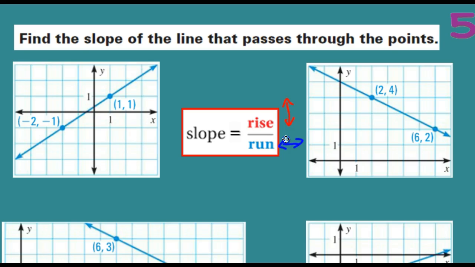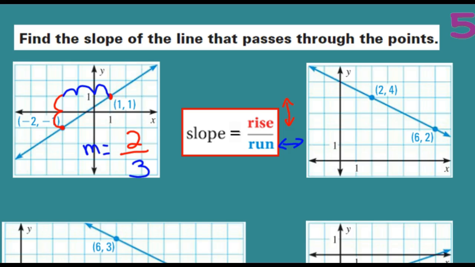So our rise for this first one, from -2, -1 to 1, 1, we are rising 1, 2. So our rise is 2 over our run, which is 1, 2, 3. So 2 over 3 is our m, or our slope.